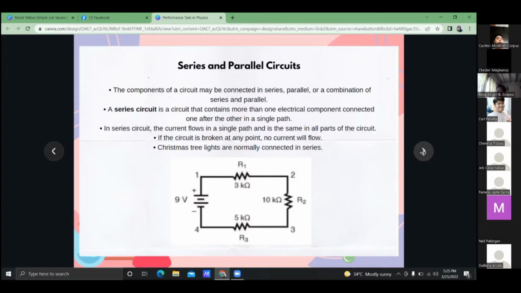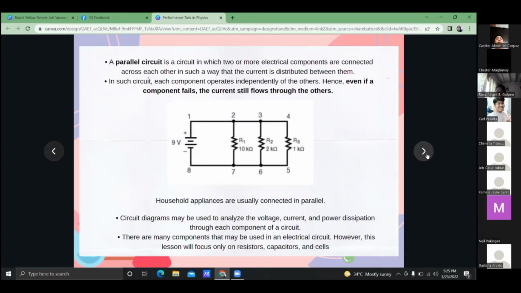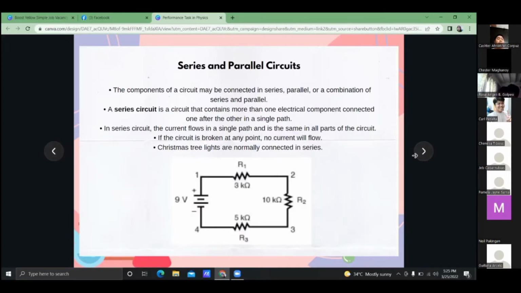Then we have this thing called voltage drop, which I mentioned earlier, which pertains to the decreased value that goes through the circuit. For example, Deb, please go back to the other slide. Okay, that's fine.